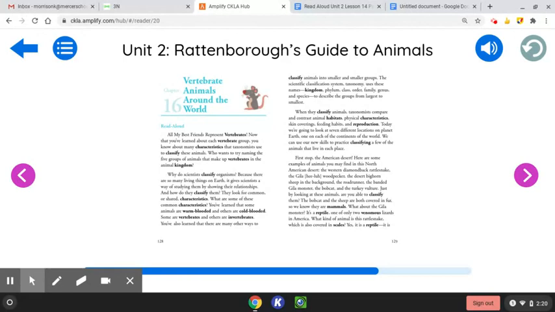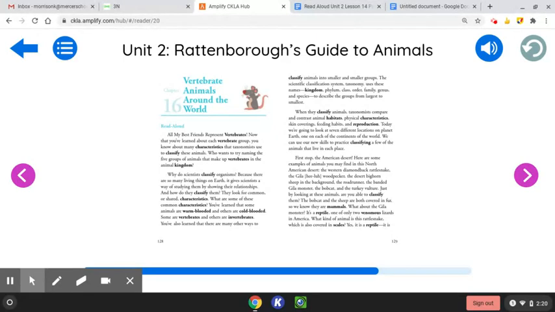When they classify animals, taxonomists compare and contrast animal habitats, physical characteristics, skin coverings, feeding habits, and reproduction. Today we're going to look at 7 different locations on Earth, one on each of the continents of the world. We can use our new skills to practice classifying a few of the animals that live in each place.